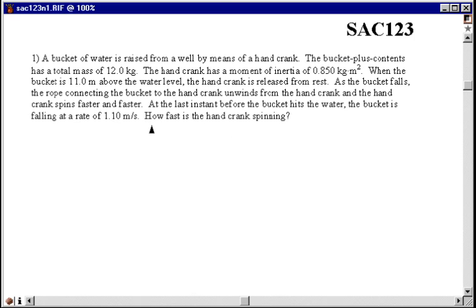This is a conservation of energy problem. We'll consider the before picture, that instant when the hand crank is released. We've got a bucket in the picture, we give it 2 handles here, and the rope is wrapped around this hand crank.